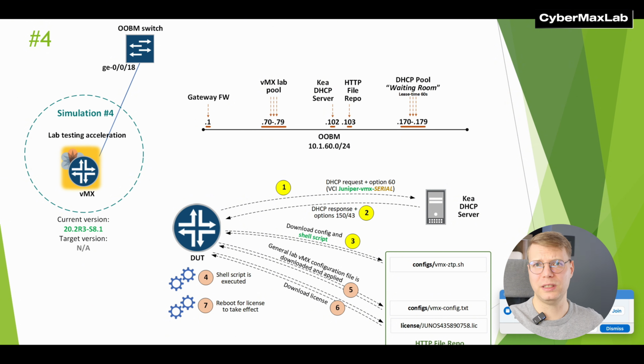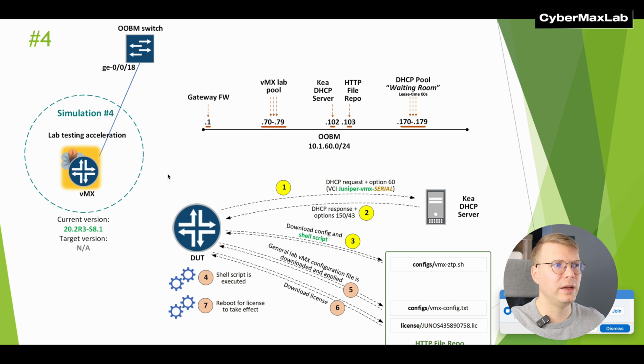And I don't want to use static addresses, because again, this is an agile environment. Labs, lab topologies are being deployed and removed. I don't want to do static. But what I would like is, when it is initially landing, it lands in the waiting room. And after final provisioning, I would like it to jump to a different range of addresses inside the same subnet, which I call the VMX lab pool, addresses from .70 to .79. Let's look at the process.